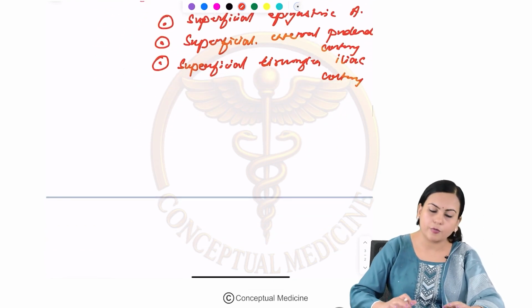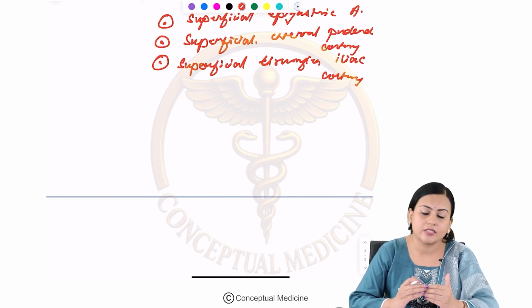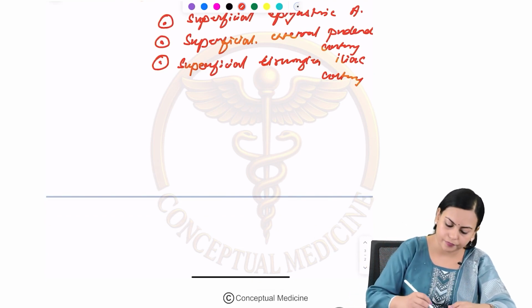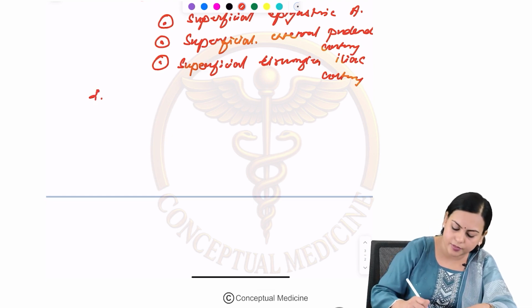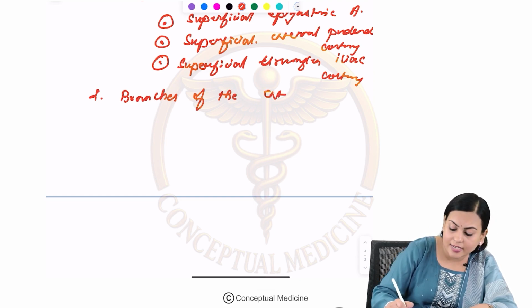Now, these branches of femoral artery supply the skin and the subcutaneous layers of the anterior abdominal wall, including the mons pubis. Okay, it extends up to the mons pubis. Next, we have the branches of the external iliac vessels.